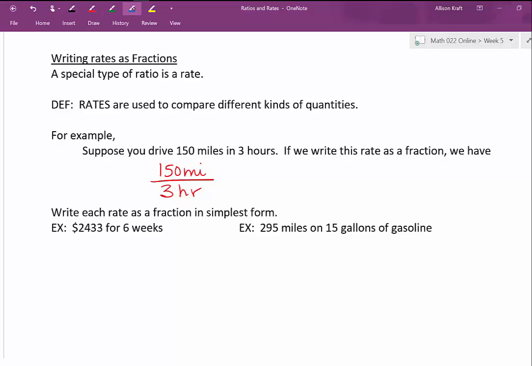I see that I can simplify the numbers in this rate, both divisible by 3. 3 goes in here 50 times. 3 goes in here once. This ends up being 50 miles over 1 hour.